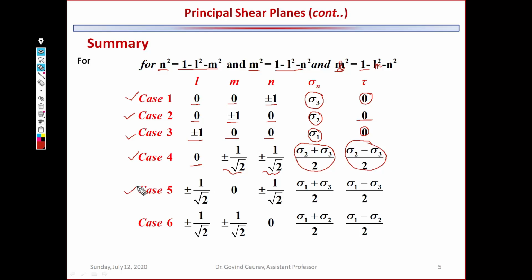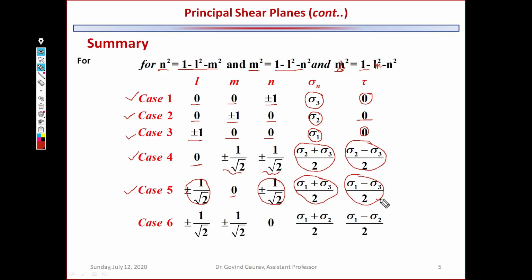The fifth case would be when L is equal to plus minus 1 by root 2, m is equal to 0 and n is equal to plus minus 1 by root 2. In such a case, the normal stress sigma n will be sigma 1 plus sigma 3 by 2, and the maximum shearing stress acting on that plane will be sigma 1 minus sigma 3 by 2.